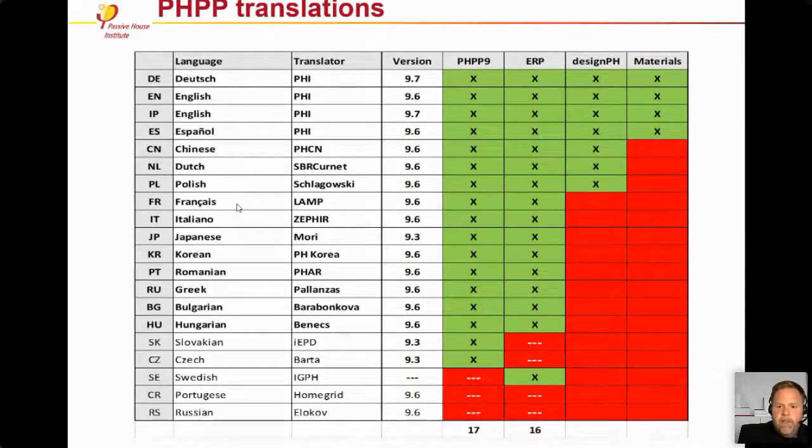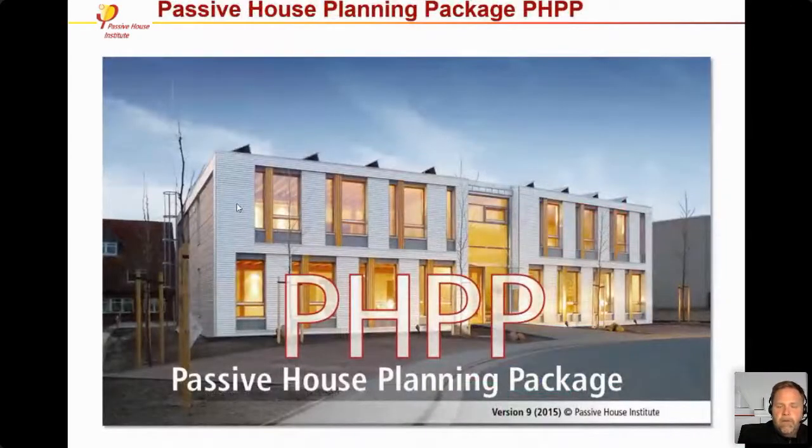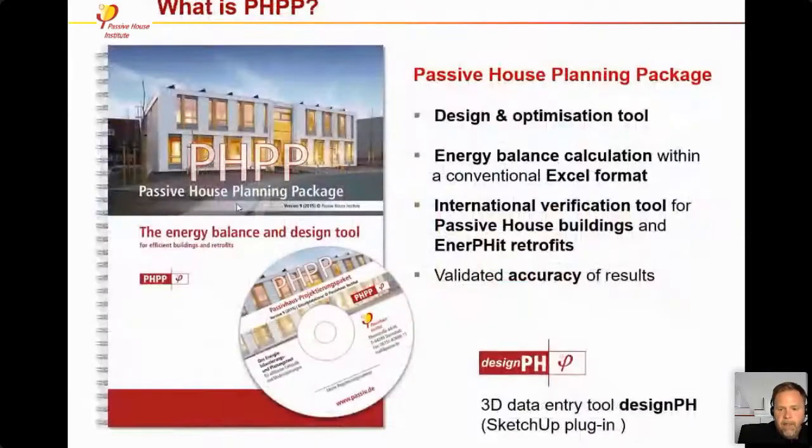So let's come to the main tool, the Passive House Planning Package, PHPP. You see the cover picture of version 9. You all probably know that PHPP is a design and optimization tool, not only a calculation tool, but also a design tool in Excel format. It comes with this big manual, which you can see here on the slide.